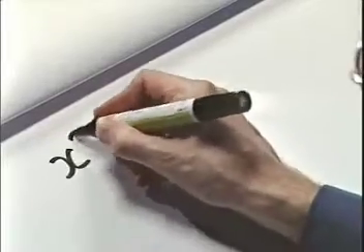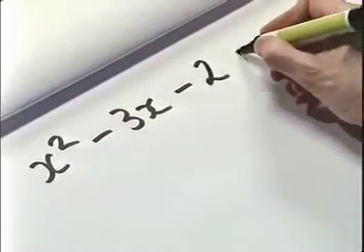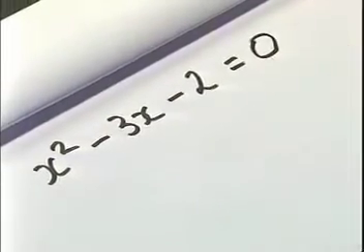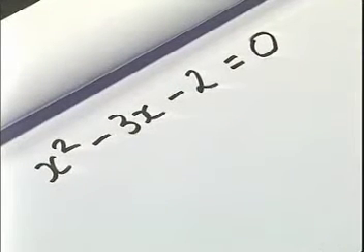So, let's take this formula and use it to solve the previous equation that we just had. So the equation that we had was x squared minus 3x minus 2 equals 0. Let's begin by identifying a, b and c.